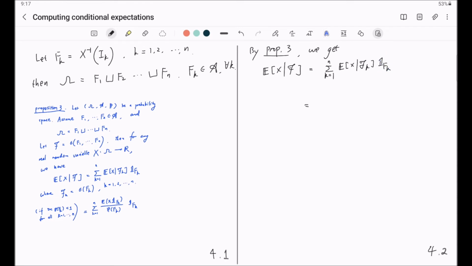And this is further equal to the average of X over Fk times the indicator function on F sub k, given the probability of each F sub k is non-trivial.